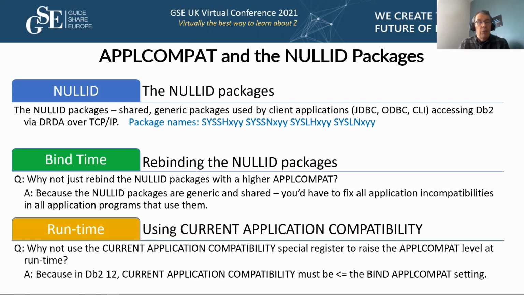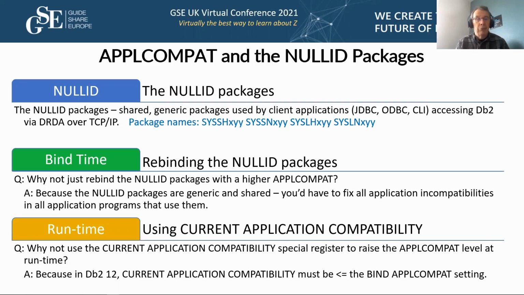So the next question is, why not fix that at runtime by using the current application compatibility special register? Well, the reason for that is, and Rob's already covered this, that in DB2 12, current application compatibility must be less than or equal to the bind APPLCOMPAT setting.